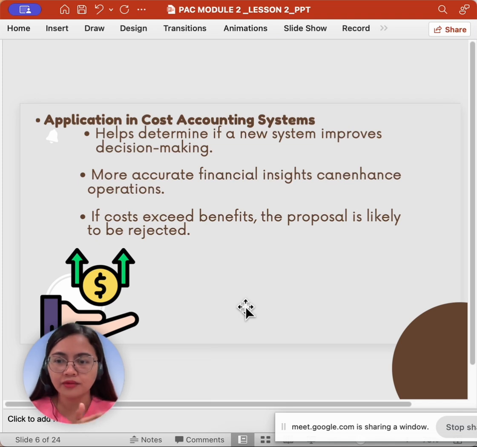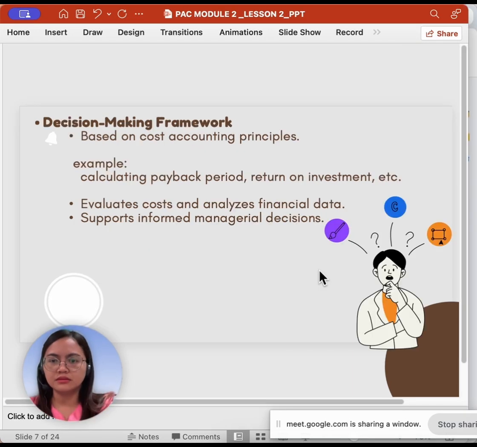The more accurate your financial insights, the better your decision making. And if your cost exceeds the benefits, since the expenses are large, the proposal will more likely be rejected.